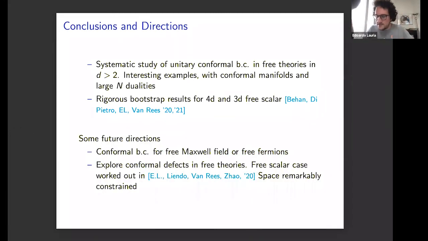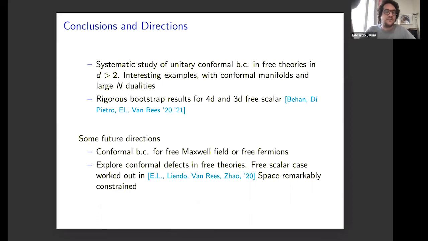So, okay, I just want to conclude by saying that I presented a systematic study, I think, of unitary and conformal boundary conditions in free theories. My message is that there are so many interesting examples that one can construct, and some of those are very surprising because they show conformal manifolds and dualities and whatnot.